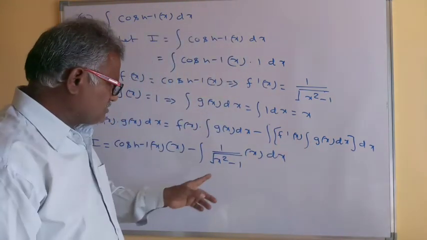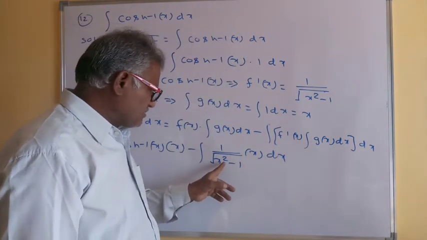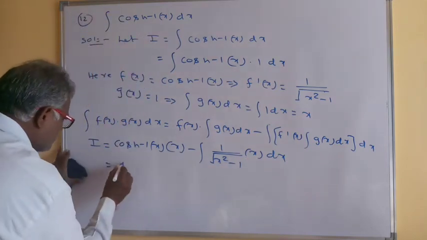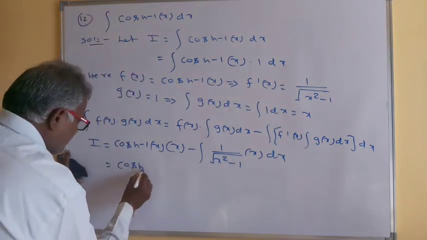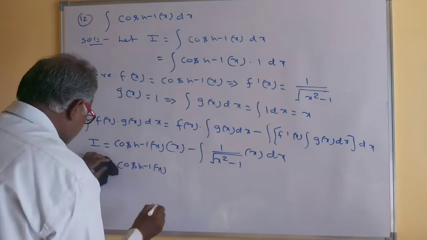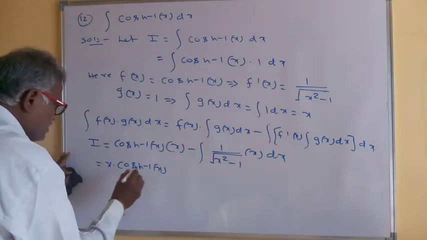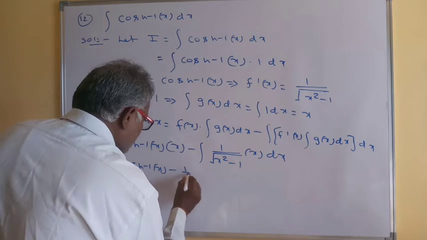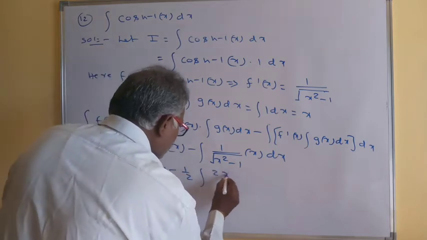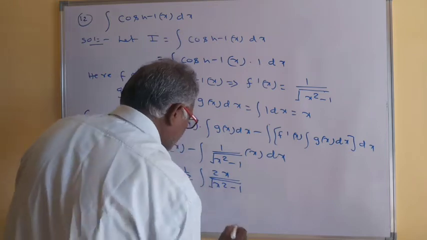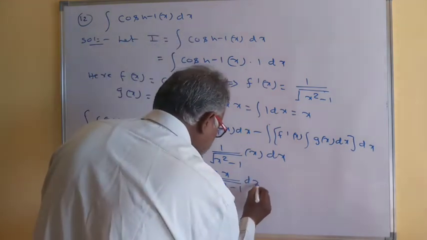Here also, if you observe, the derivative of x square minus 1 is nothing but 2x. Here only x is there. So just you should multiply and divide by 2. Okay. So here x into cos h inverse x, minus 1 by 2 into 2x by root of x square minus 1 dx.